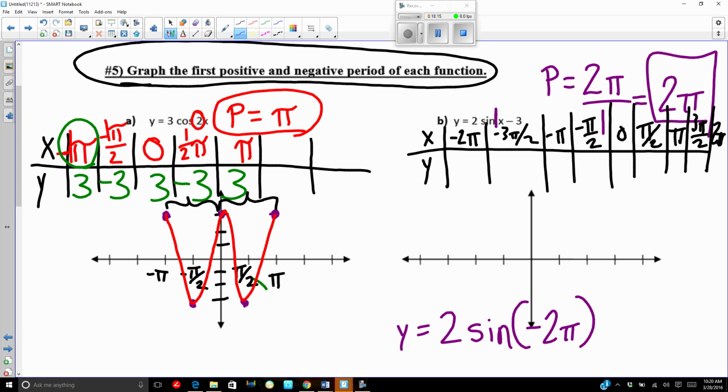X is negative 2 pi. The minus 3 does not go in the parentheses, so that's important. You need to make sure you close that parentheses before you hit enter in your calculator. And you should get a negative 3. Again, make sure you're in radian mode. Find all those values, graph them, and that'll be your answer for 5.